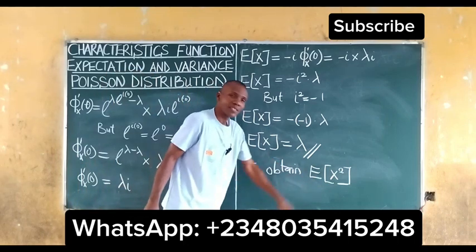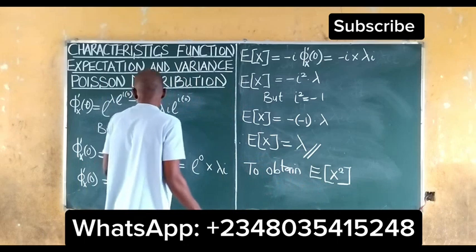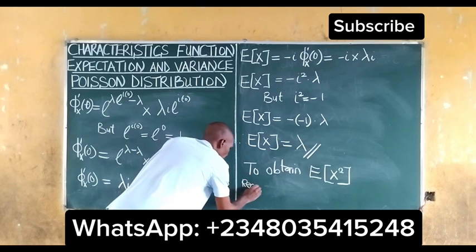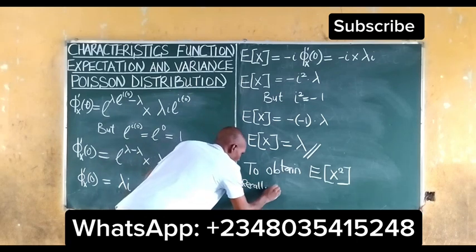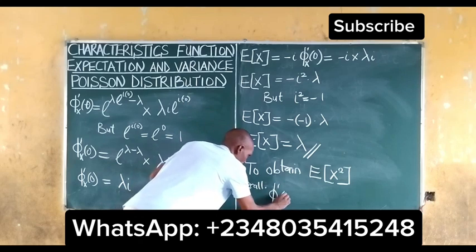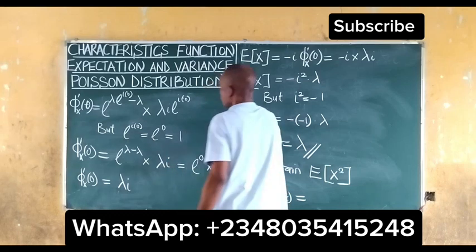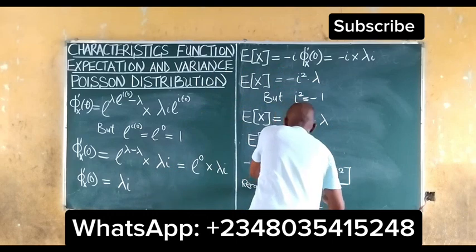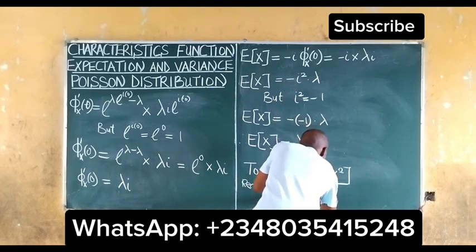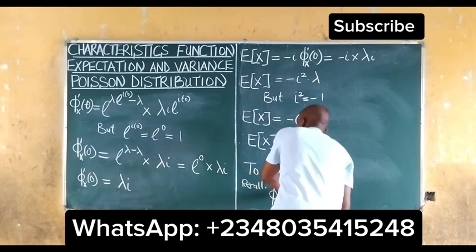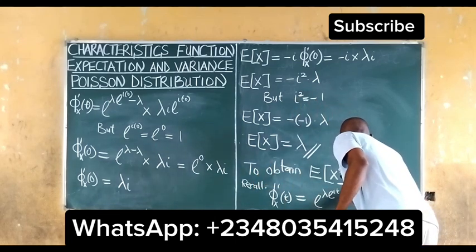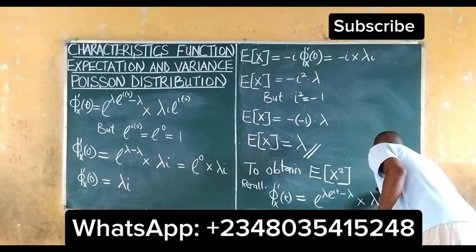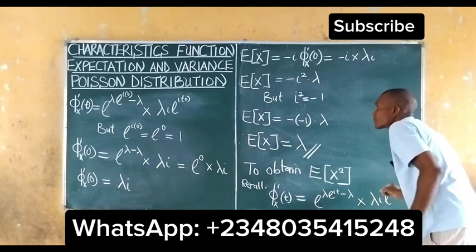To obtain this, we first recall what we got from our first derivative: exp(lambda e^(it) minus lambda) multiplied by lambda i e^(it).